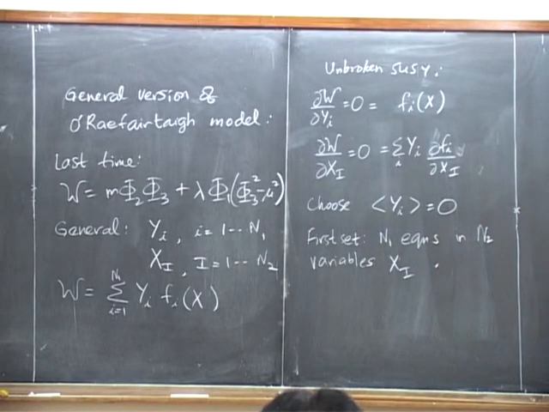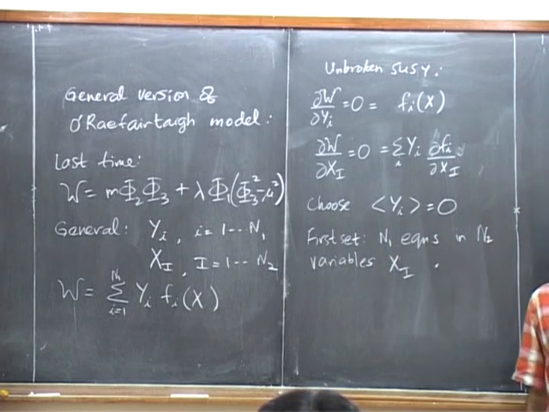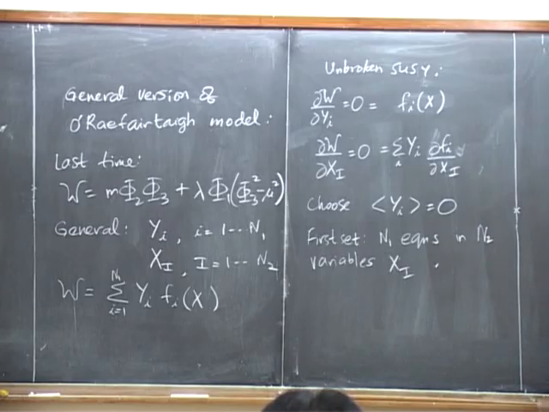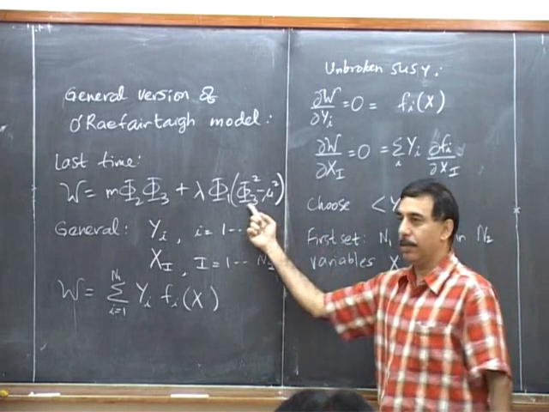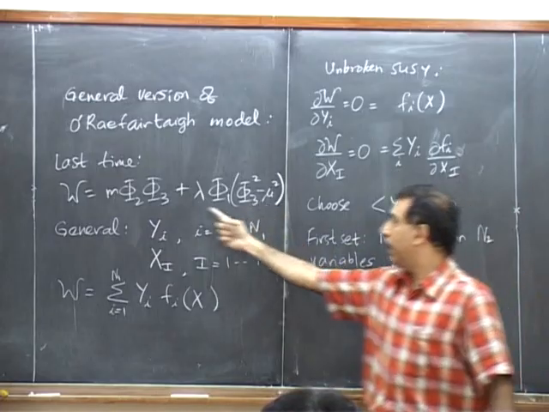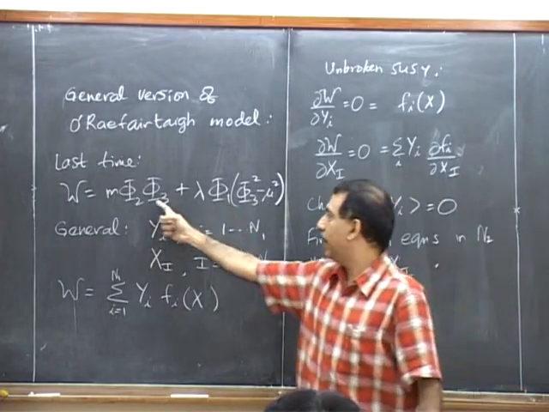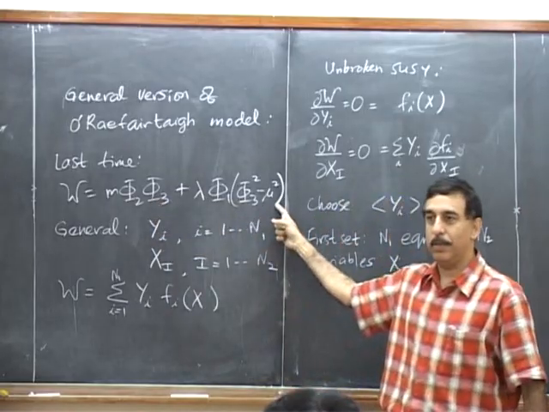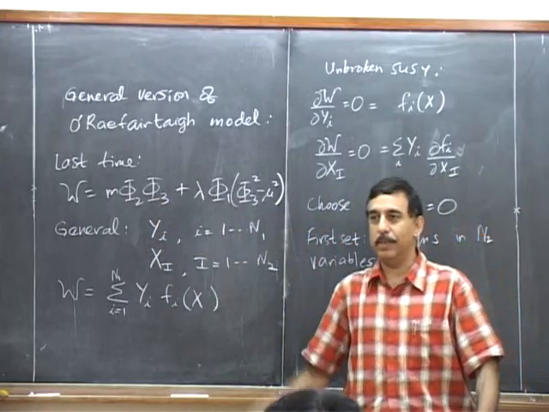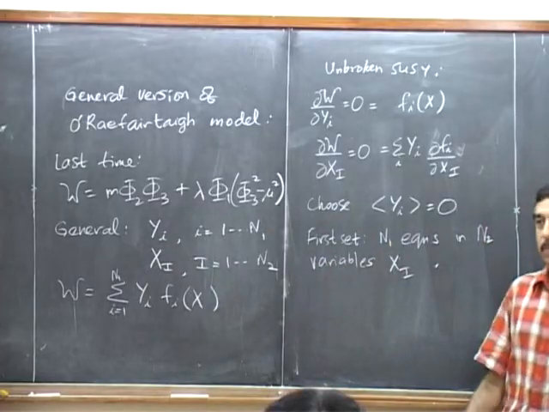So how do you make sure that n1 equations in n2 variables don't have a common solution? Just choose n1 greater than n2. Generically that will do it for you. That explains the O'Raifeartaigh model, where n2 is 1 because there's one phi 3. So you needed 2 fields, phi 1 and phi 2. If you remember, they gave us the equations phi 3 squared is 0 and phi 3 squared is mu squared, which are 2 equations in a single phi 3 and they are mutually incompatible.